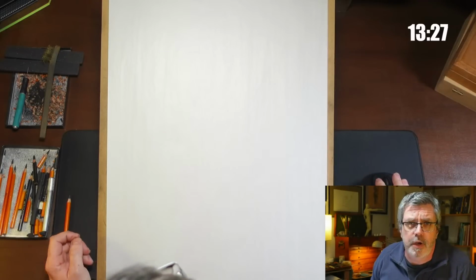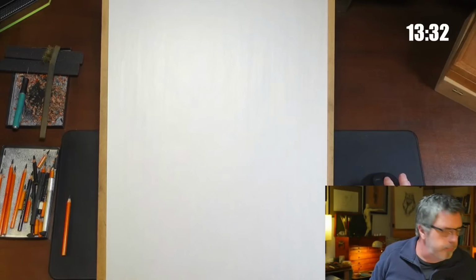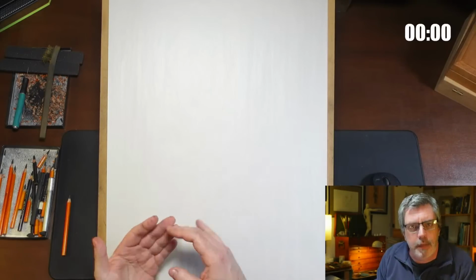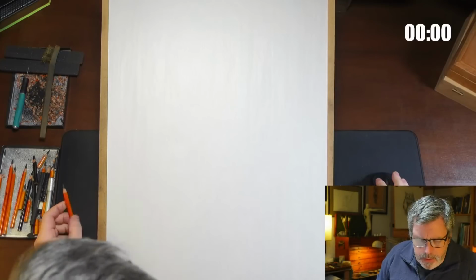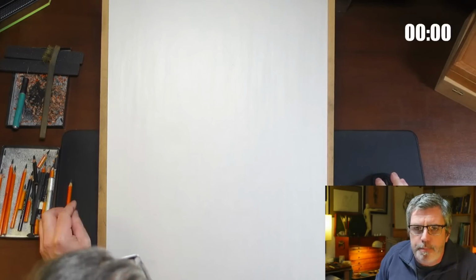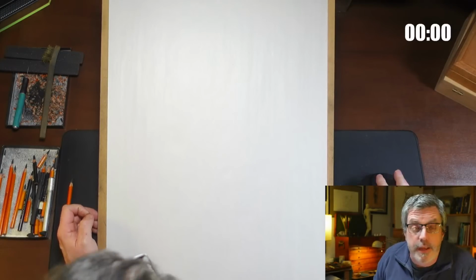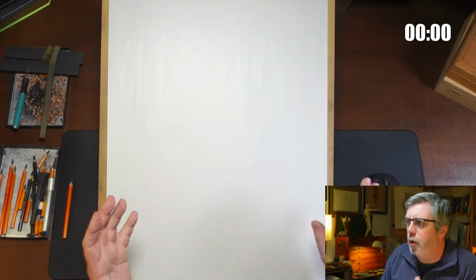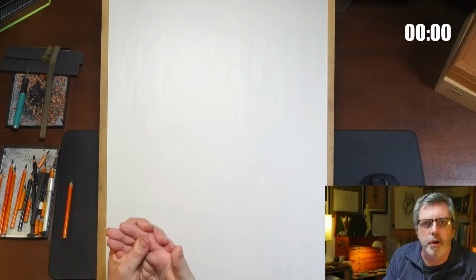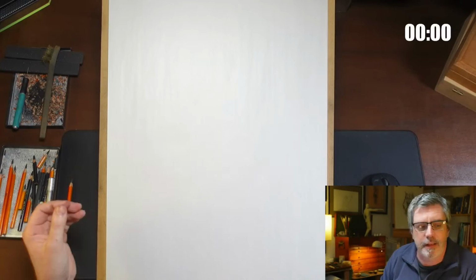Especially if you're working digitally and there's the very strong temptation to put the reference on a layer and draw over it. I don't believe that's a very good way to develop any sense of measurement or to actually understand what you're looking at, because ultimately that's what we're trying to do, right?